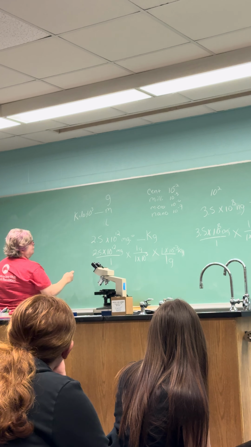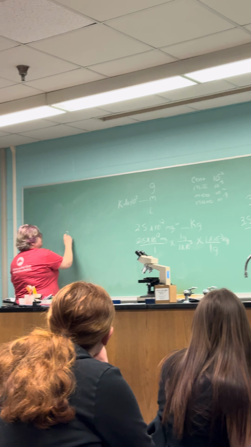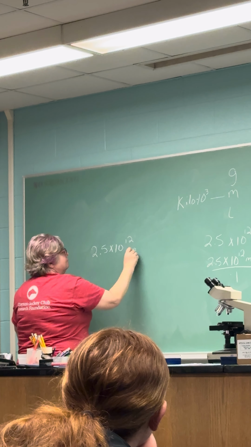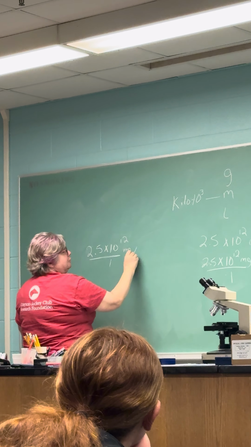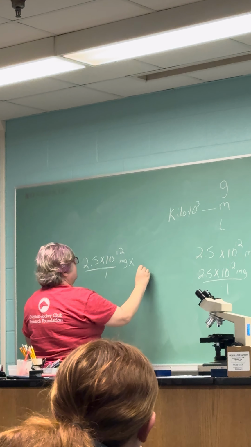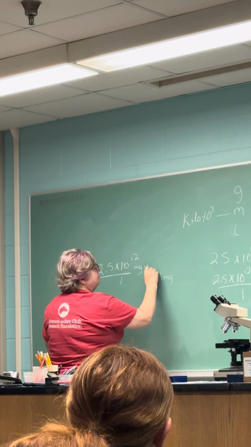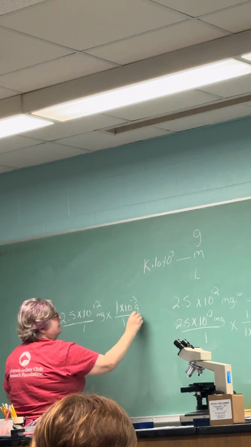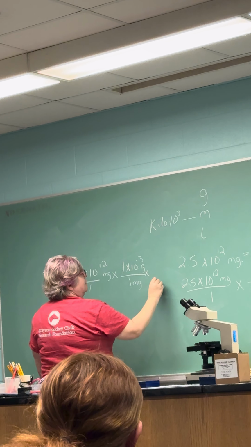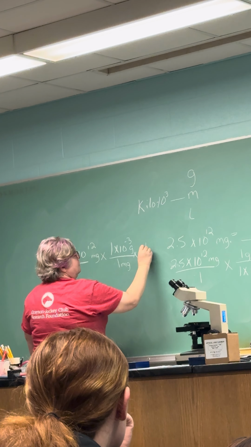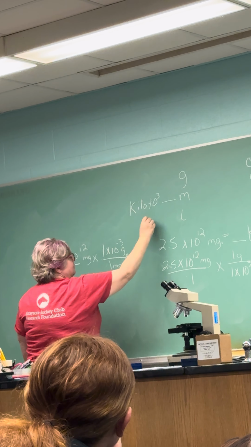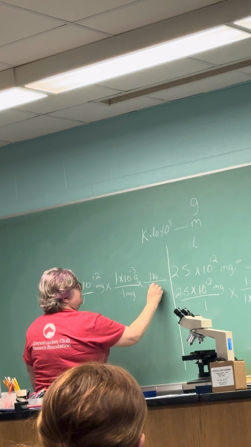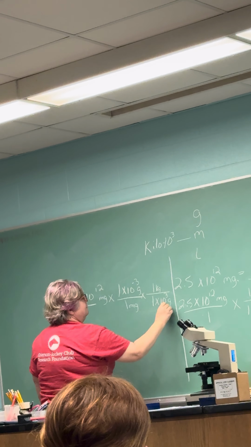I'm gonna go ahead and write it the other way that you could do it. So 1 milligram is equal to 1 times 10 to the minus 3 grams. 1 kilogram is equal to 1 times 10 cubed grams.